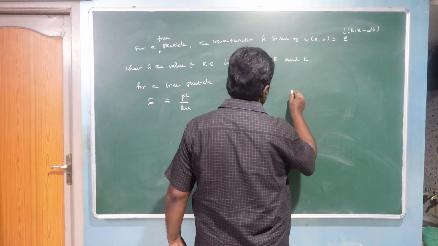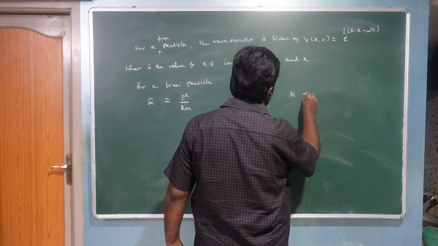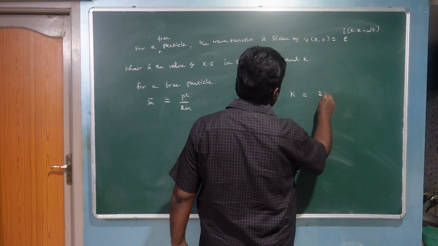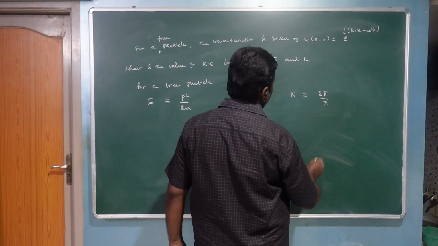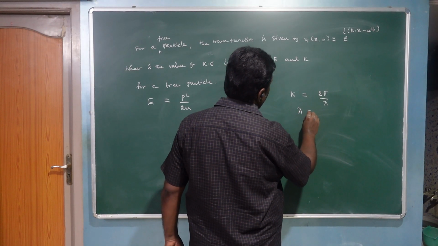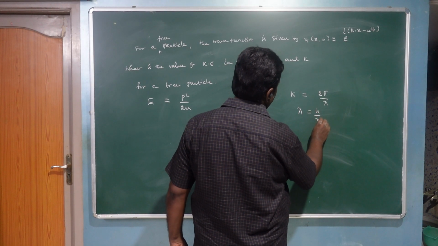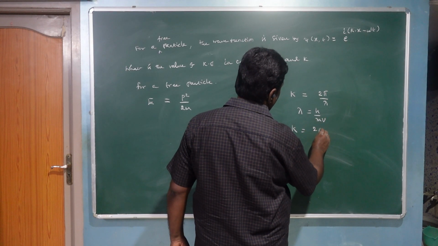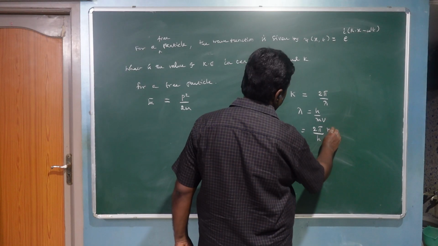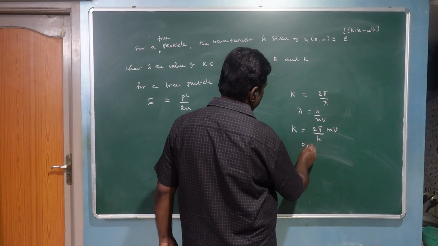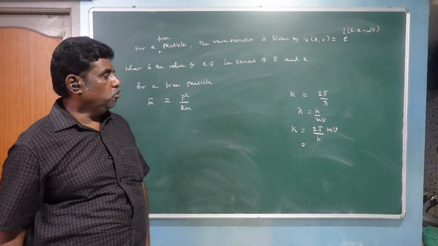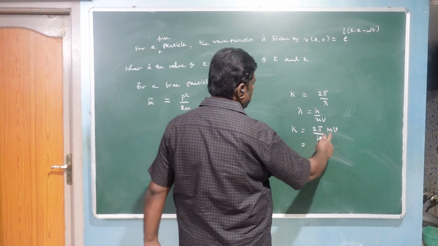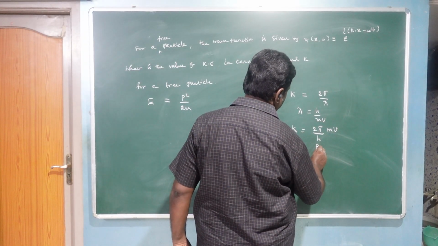In this case, the propagation vector k equal to 2 pi by lambda. According to de Broglie, lambda equal to h divided by mv. Therefore, k equal to 2 pi divided by h into mv. This 2 pi by h is our 1 by h cross. m into v is our p.